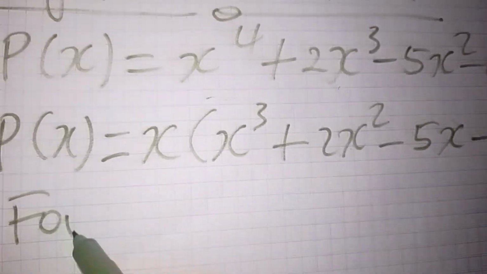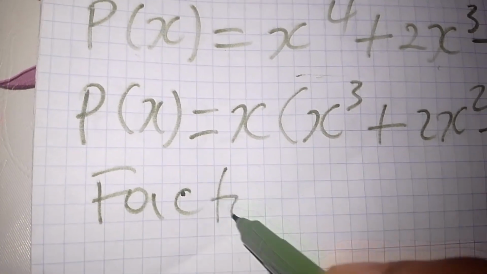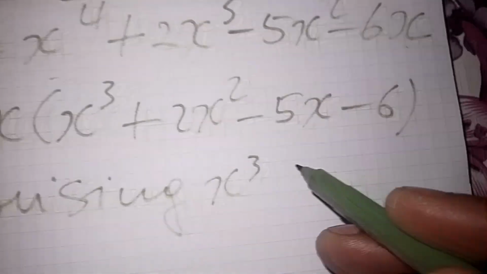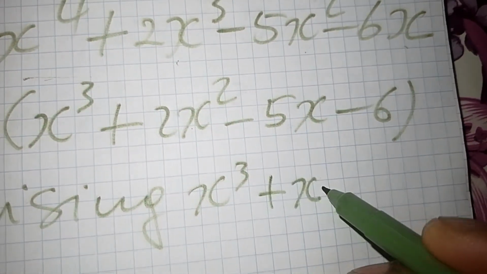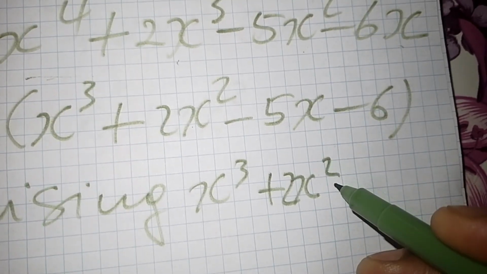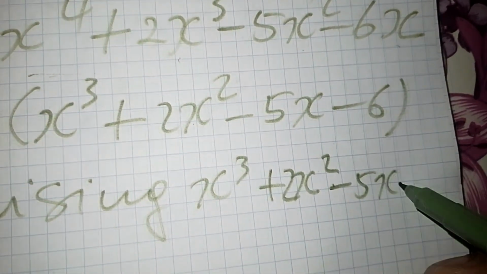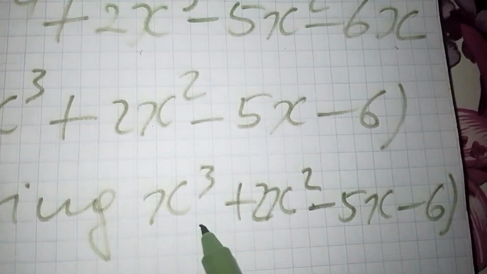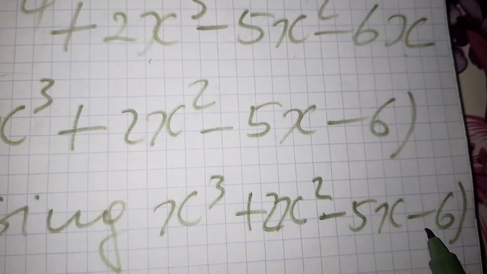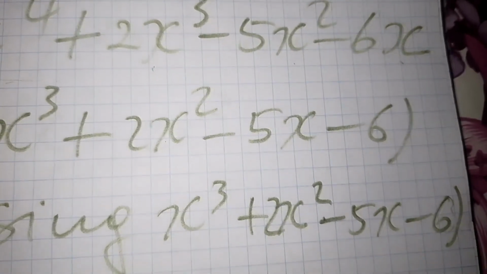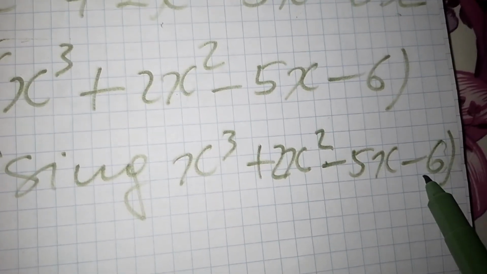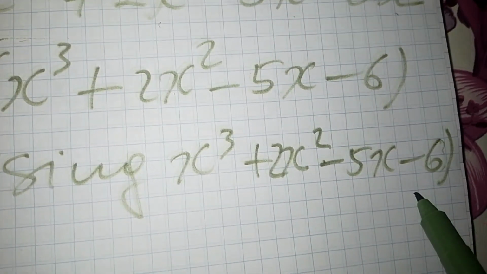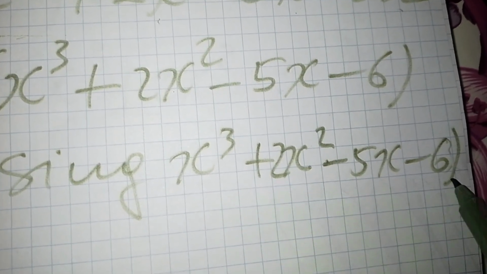Factorizing x cubed plus 2x squared minus 5x minus 6. To factorize this polynomial having a power more than 2, first of all we have to see this constant, and we are going to find the factors of minus 6 so that we find a factor which can evaluate this polynomial to give 0.